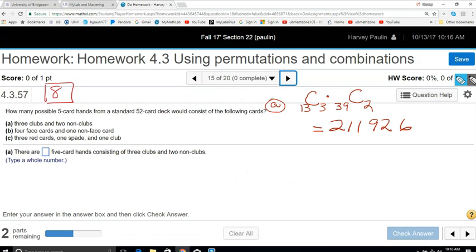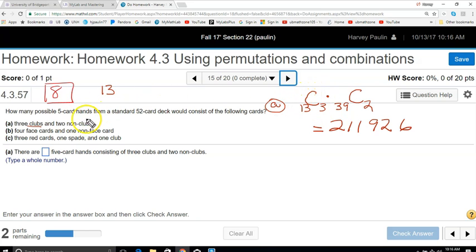So the strategy would be, again, it's combination. There are 13 clubs in a deck, so combination 13, and we want to select 3 clubs. So there's the 3 of the clubs that we want to select from the deck.